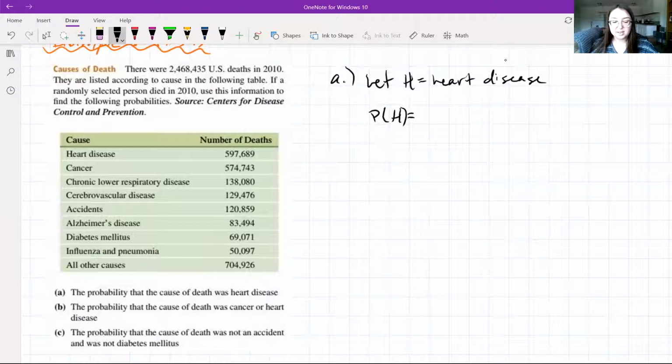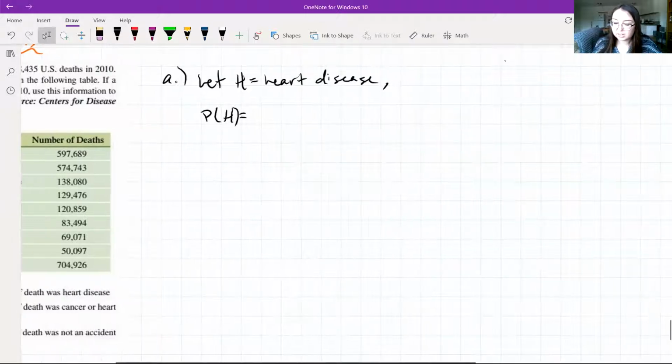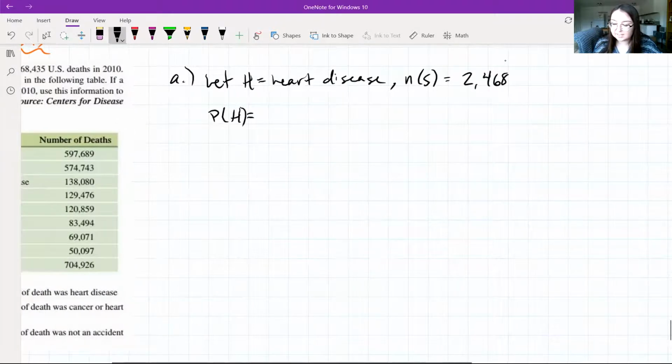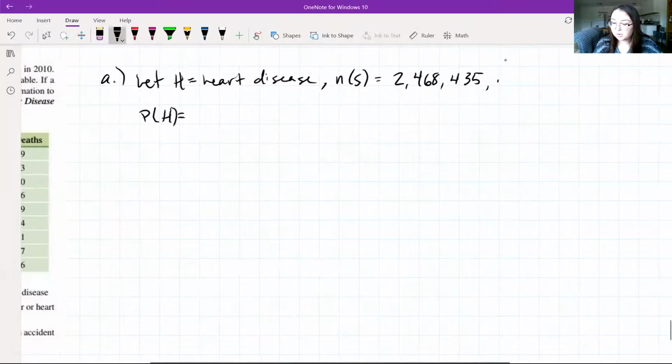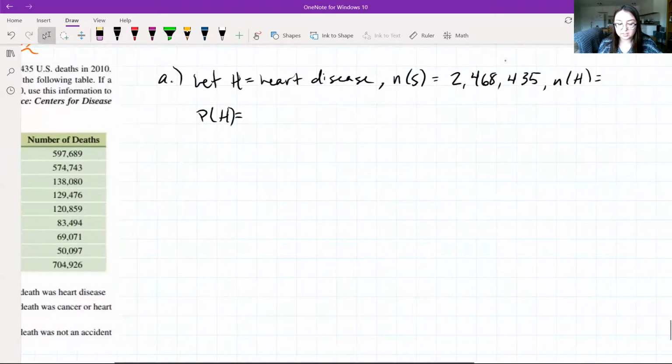Our sample size is 2,468,435. So N of S will be 2,468,435. And then we're going to let N of H be the number of deaths from our chart. So we have 597,689.